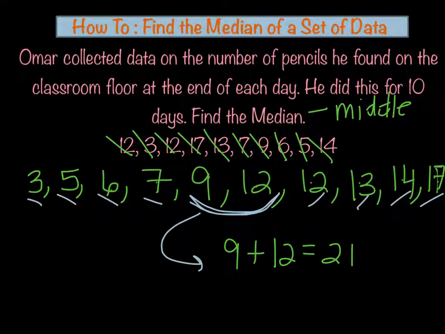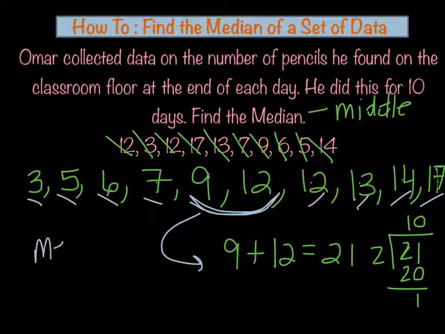And then we're going to divide 21 by 2. 21 divided by 2. So my actual median for this data set is 10 and 1/2.